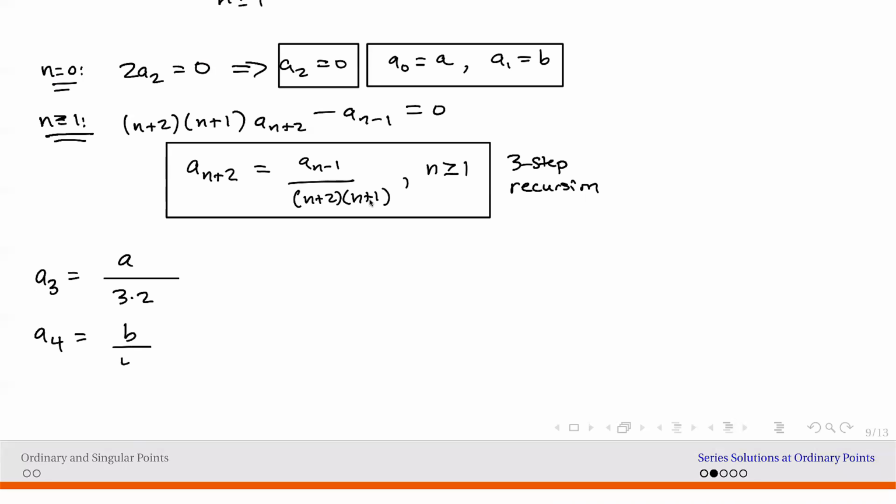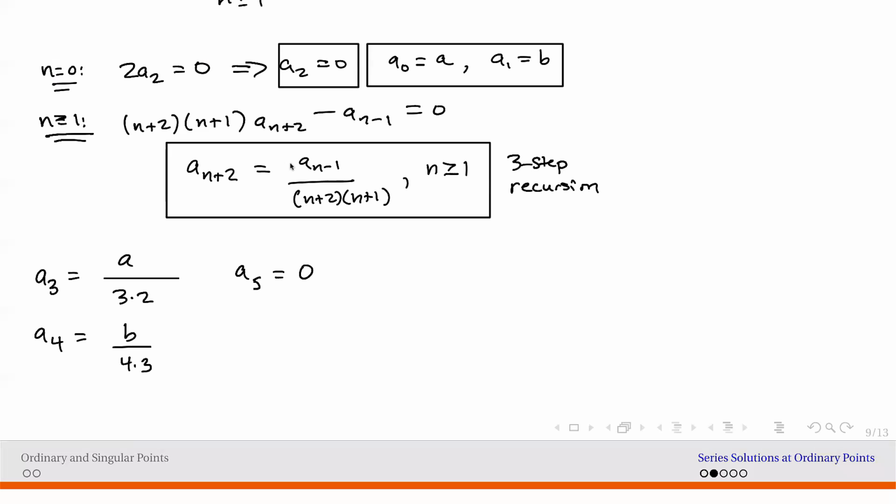A5 would be, so here's where it gets interesting. If you look at A5, that's when n is 3, but that gives you an A2 here, right? But A2 is 0. So when n is 3, this term becomes 0. So you get 0 for that. But that's interesting because that means all future ones are going to zero out.